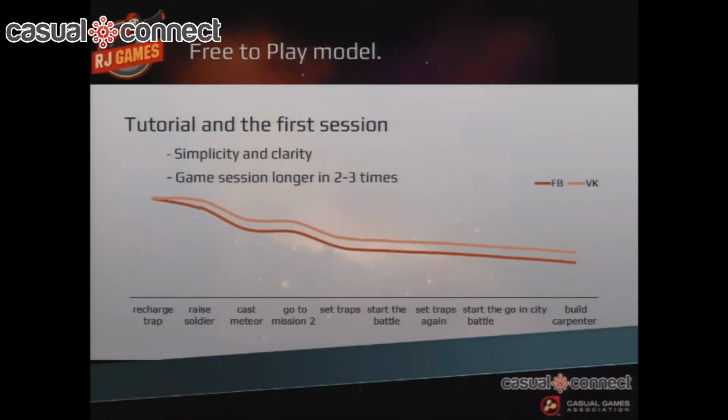First of all, we found an interesting thing: some steps of the tutorial that had always been odd in the Russian version, that ruined conversions totally in the Russian version, became necessary on Facebook. For example, we had to introduce lessons about social interaction, about play with friends, about mission control, about deeper understanding of town management, and about fighting, about unit production, unit upgrade, and so on.